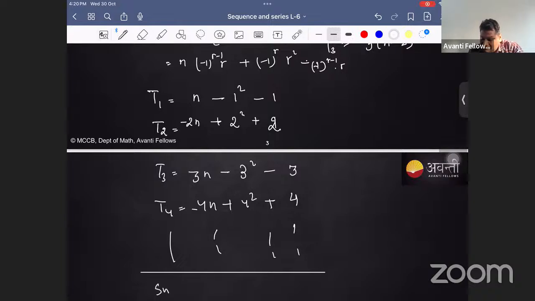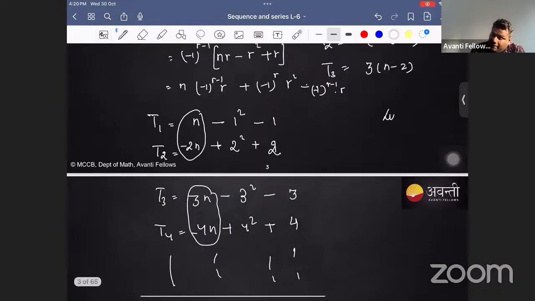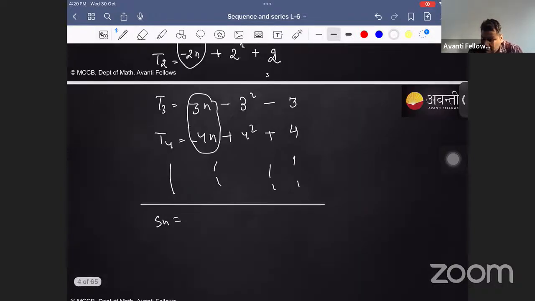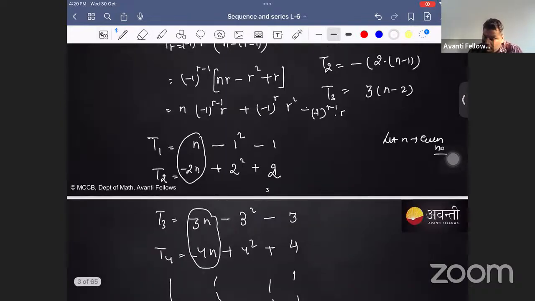So what will be S? Now see, n minus 2n is minus n, 3n minus 4n is minus n, and so on and so forth, it keeps on going. Let us assume n is an even number. So it is minus n to the power n by 2 plus, now 2 square minus 1 square, 2 minus 1 is 1, 2 plus 1.